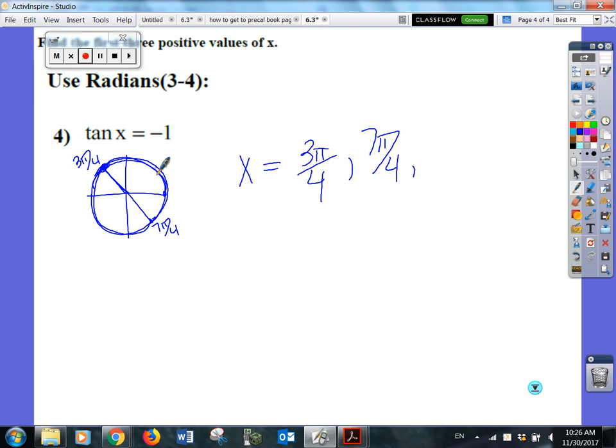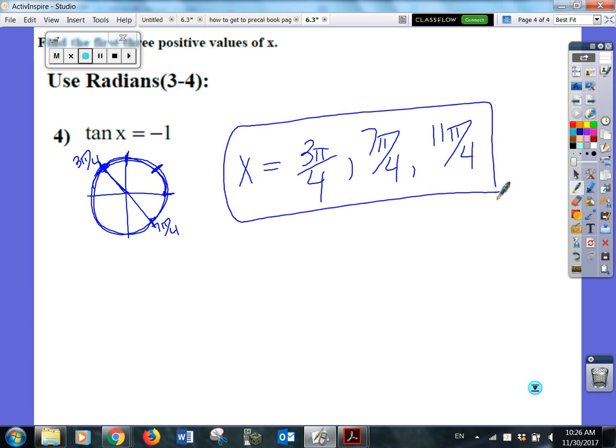So that's kind of a special case with tangent and cotangent when it's in the middle like that. Or we could even just count. Remember, this is 1 pi over 4, 2 pi over 4, 3, 4, 5, 6, 7, 8, 9, 10, 11. However you think about that, you get to 11 pi over 4 as your third positive.